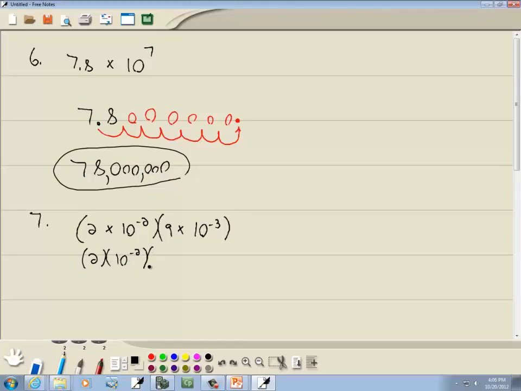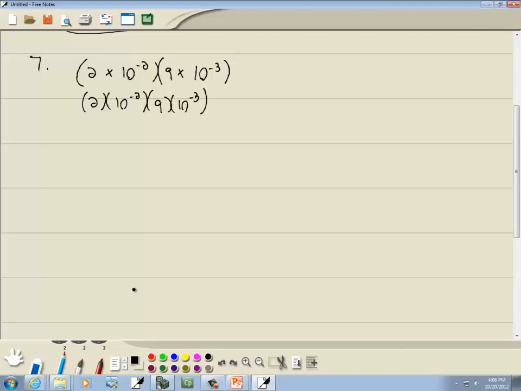Nothing fancy. I'll put parentheses around to indicate multiplication. And this one means 9 times 10 to the negative 3. Well, multiplication is commutative, so I can flip these around. Put the 2 times 9 together, and then 10 to the negative 2 next to the 10 to the negative 3.